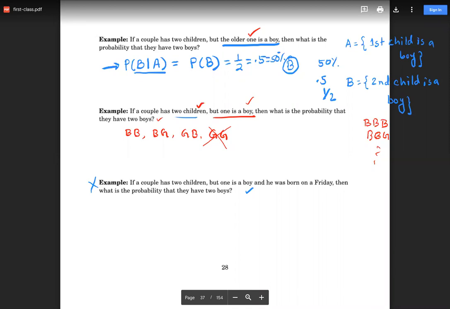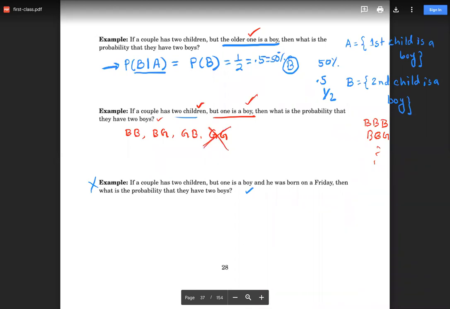One of the things that makes the problem a bit interesting is that one of them is a boy. It implicitly calls for ordering things. Boy, girl is not the same as girl, boy. So that probably is an implicit assumption here. So when you say one of them is a boy, this option is out of the question.